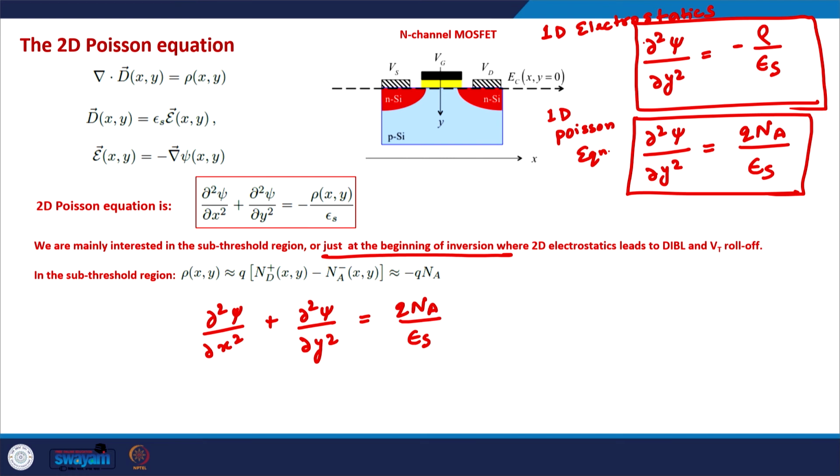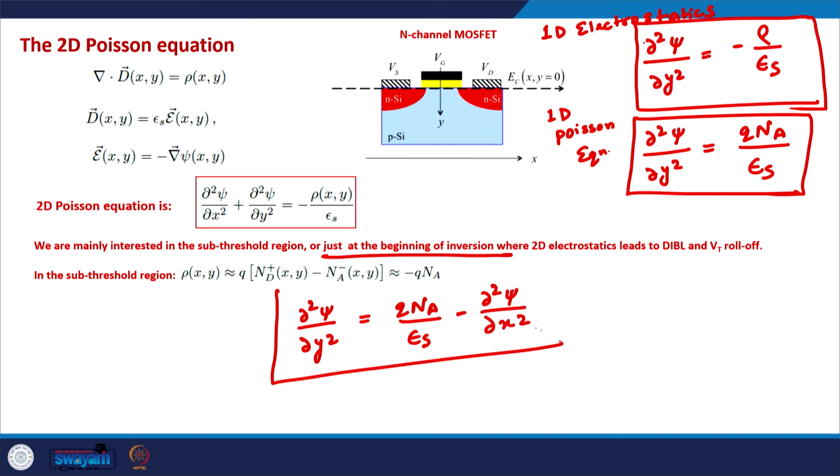Now, as you can see, the right hand side is the same in both cases, there is a change in the left hand side. In 2D Poisson equation, in addition to del 2 psi by del y square, we also need to consider del 2 psi by del x square. So, what that amounts to is that we can take this term to the right side, del 2 psi by del x square, and the left hand side of this equation is exactly the same as the left hand side of the 1D Poisson equation.